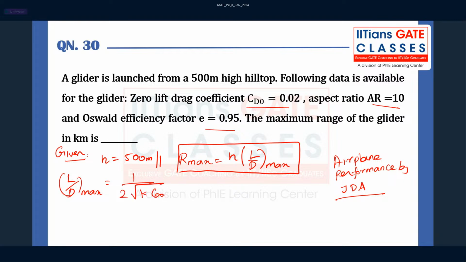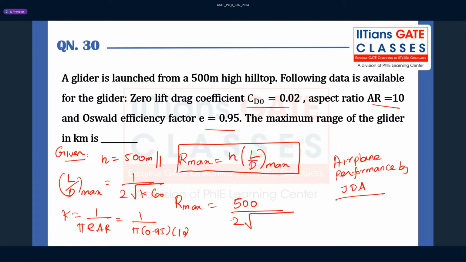If you simplify this and substitute it over here, my R max is simply h, 500, divided by 2 times under root of K times CD0. Let's keep K as such. K is 1 by pi e AR, so this is basically 1 by pi into 0.95 times the aspect ratio.